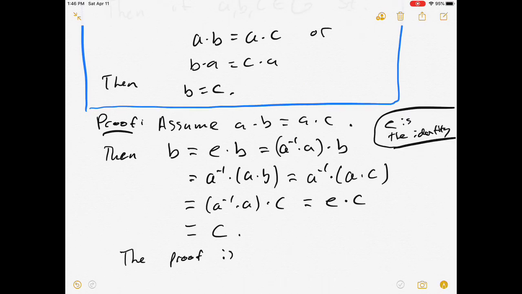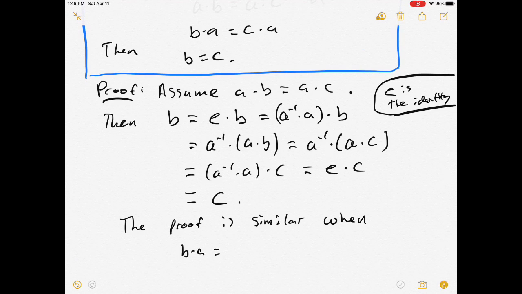The proof is similar when B times A is equal to C times A.